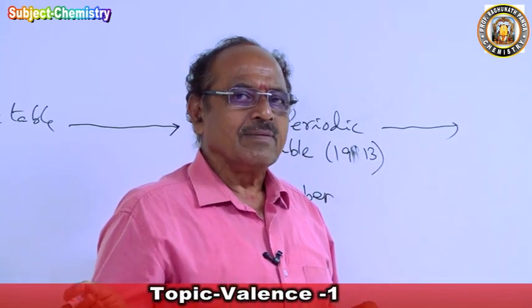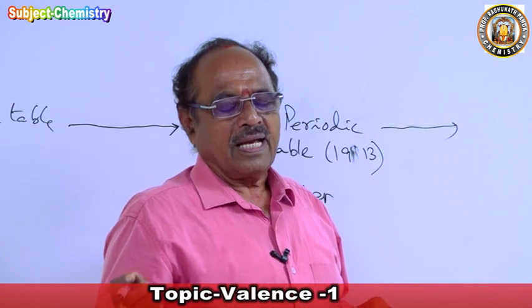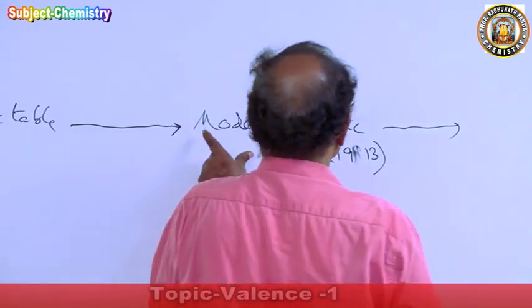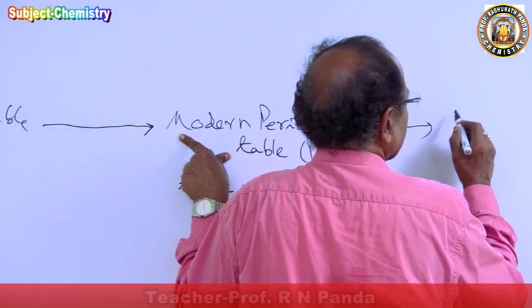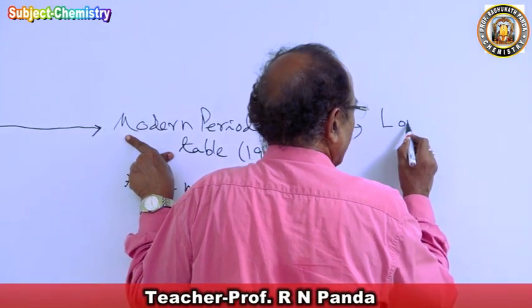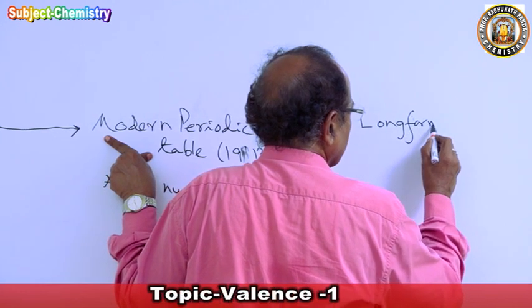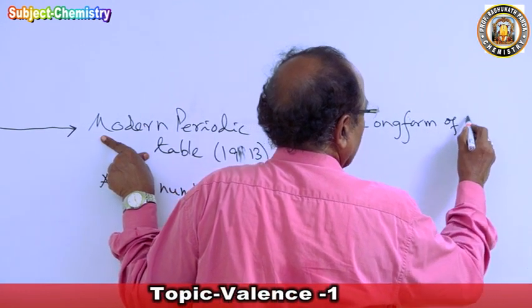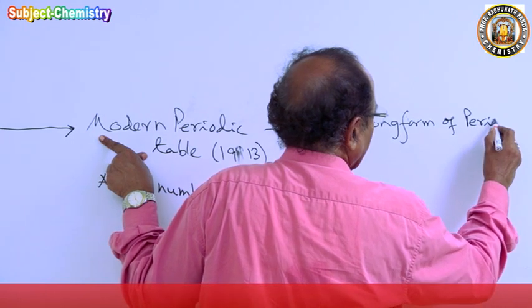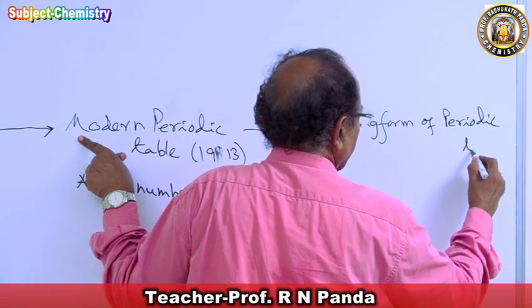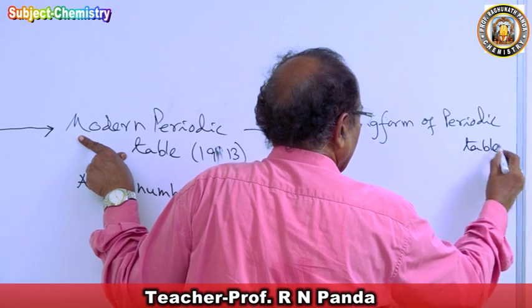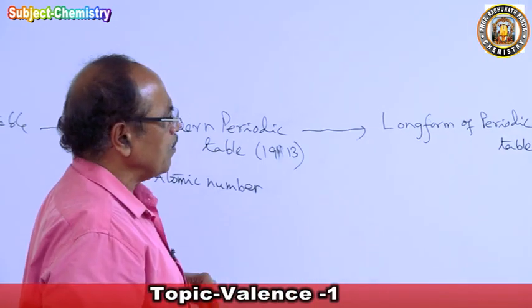Accordingly the elements were classified, and after that the modern periodic table was expanded, and that expanded form of the modern periodic table is called the long form of the periodic table.